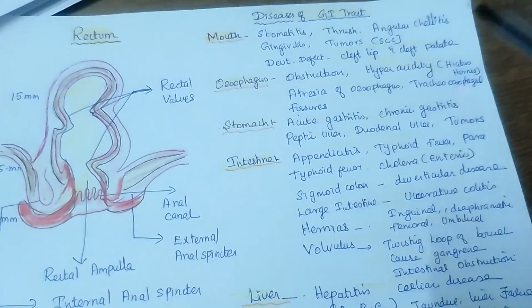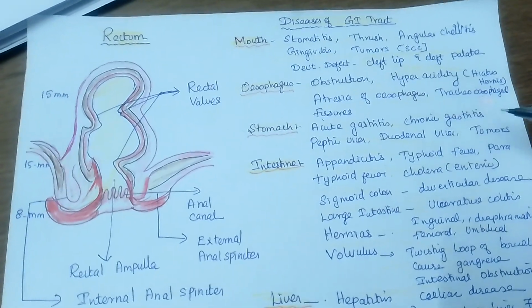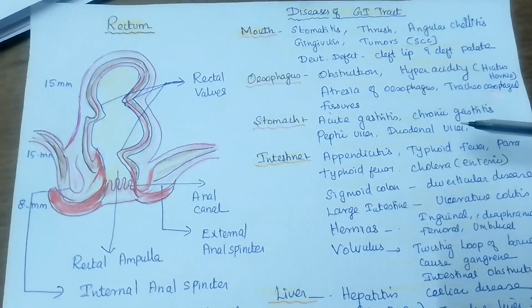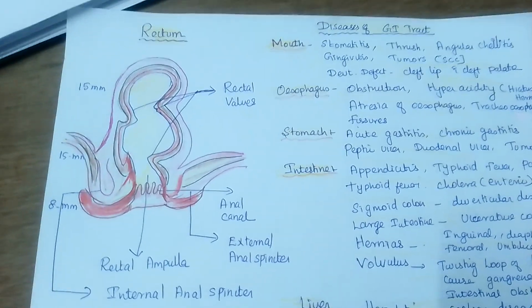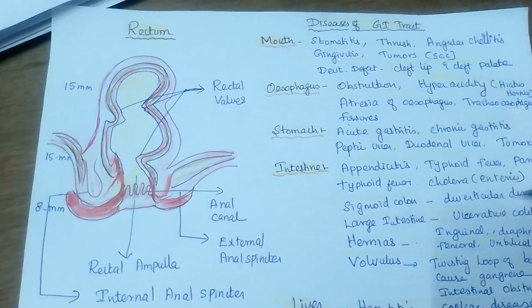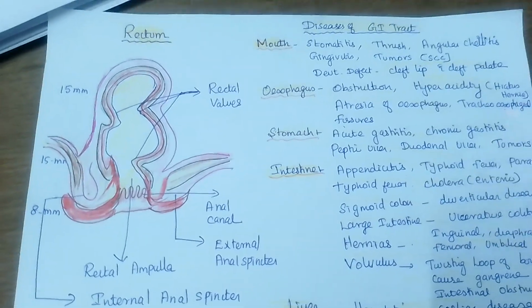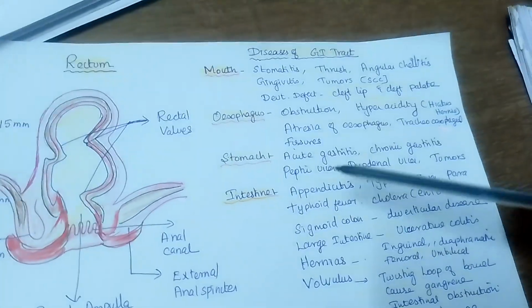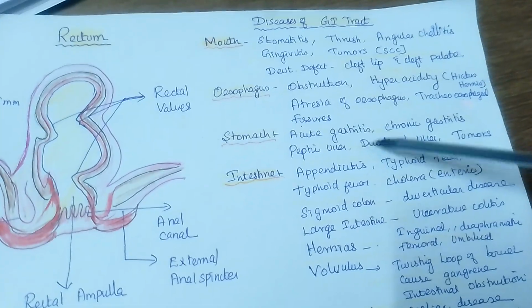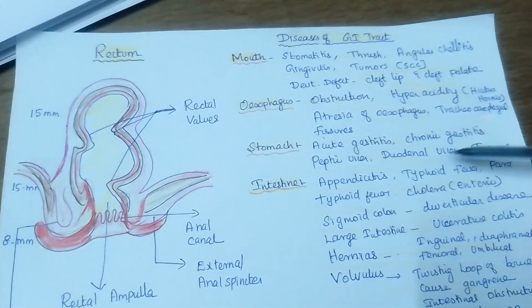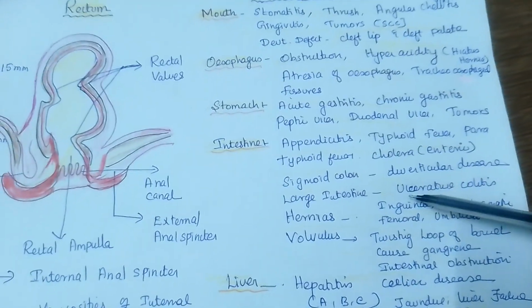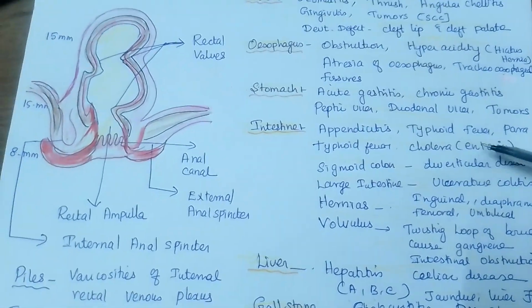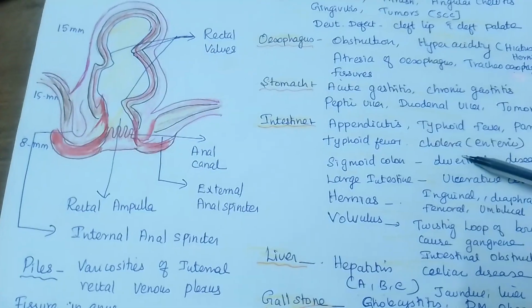So what will happen if you do not do surgery for a hernia? Sometimes there will be deposition of food materials or necrosis. Anything may happen, infections, or sometimes it may even lead to some cancers. Then in the stomach: acute gastritis, chronic gastritis, peptic ulcer, duodenal ulcer, and also tumors. In the intestine: appendicitis, as I told, and typhoid fever, paratyphoid fever, and cholera.